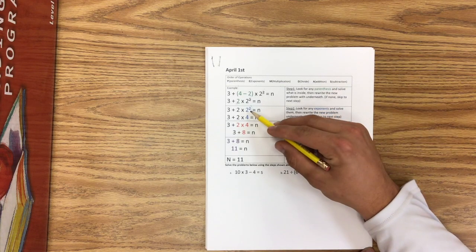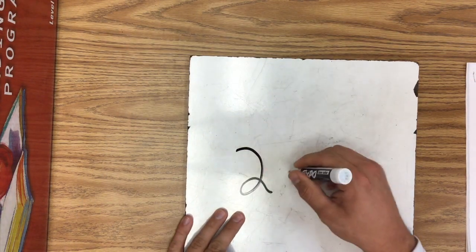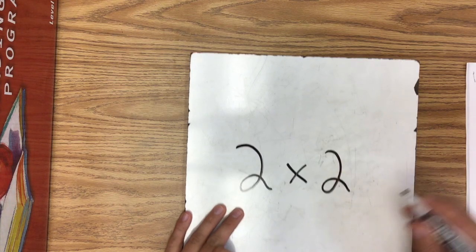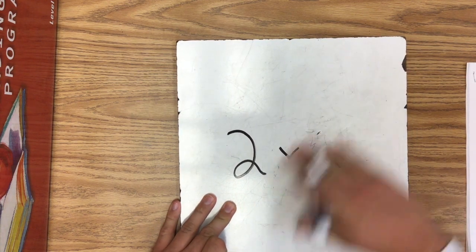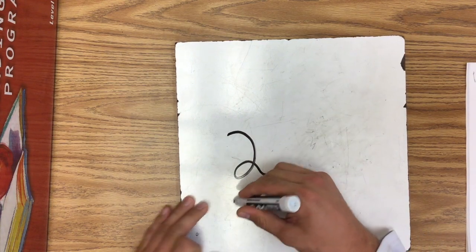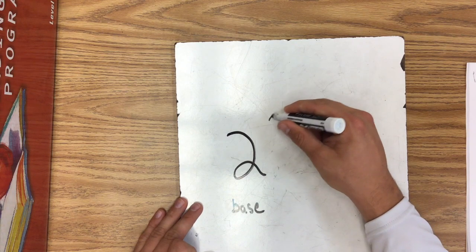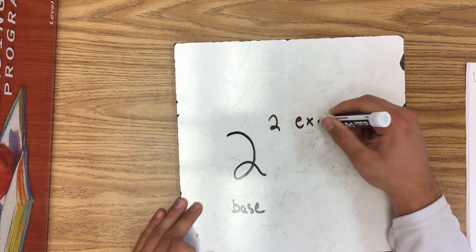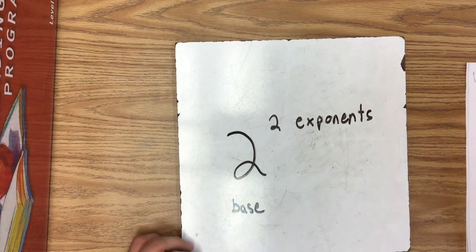But when you have 2 squared, that means that you are doing 2 times 2. You're multiplying the number by itself. 2 is the base, that's the number being multiplied, and the exponent tells you how many times it should be multiplied.